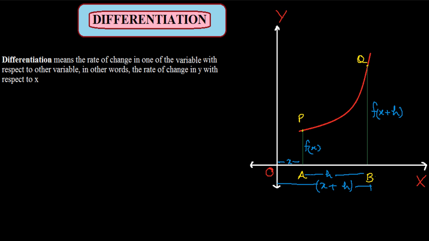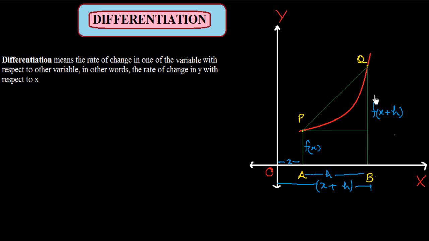Now I draw another perpendicular from point P on this perpendicular QB, and it meets the line at a point.